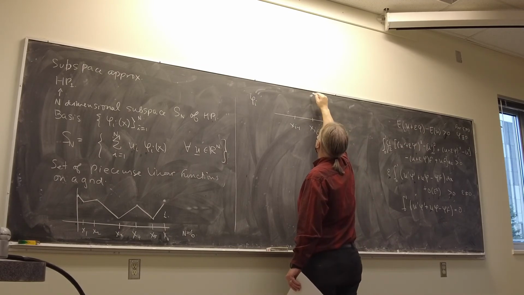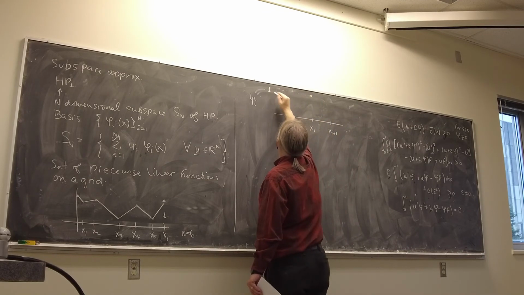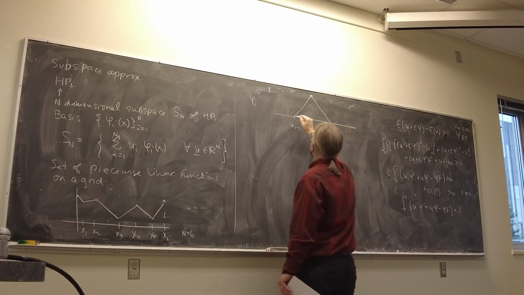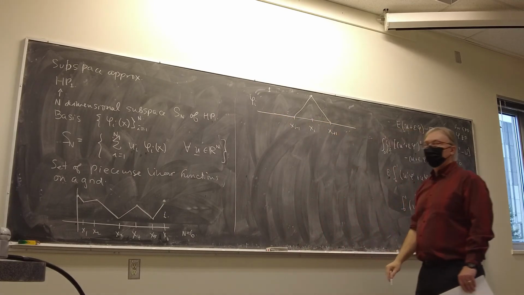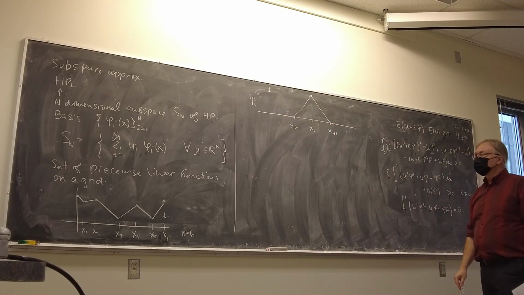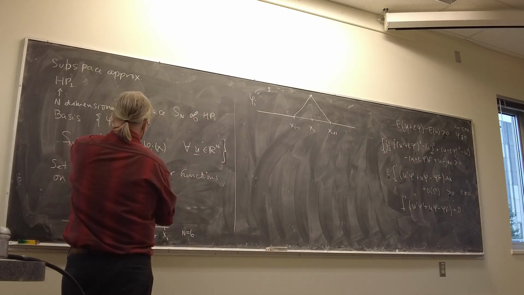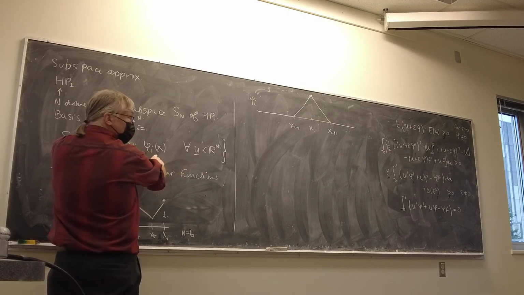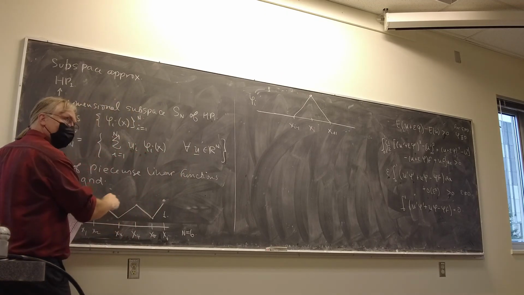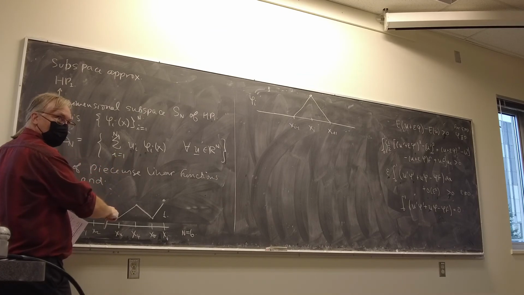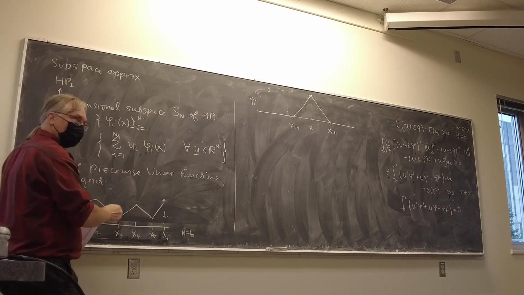It's going to have value 1 here and be a little hat, and 0 everywhere else. So if I take the values u on the grid and multiply by those functions and add them up, I'll get exactly this thing.